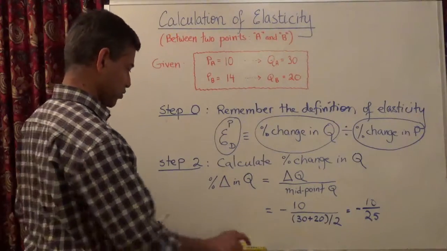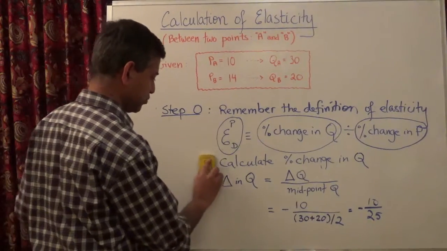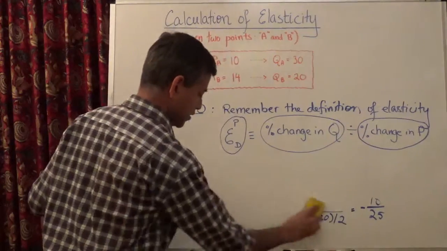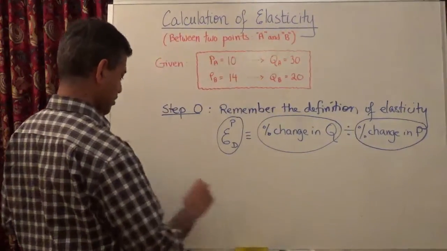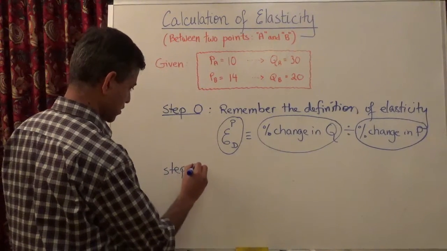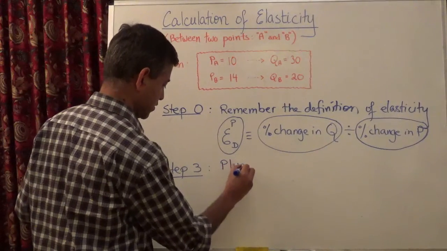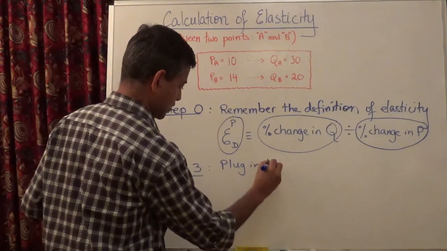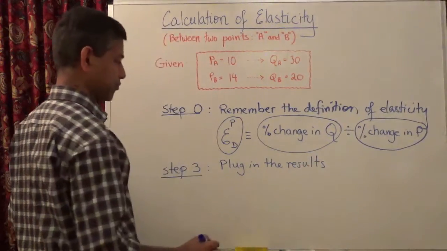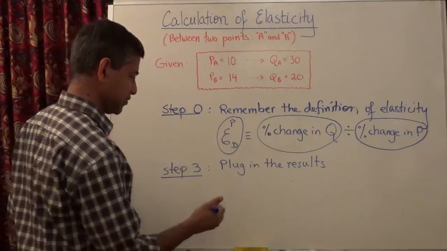So that's the percentage change in Q, and we already had the percentage change in price from before. So step 3 is to use these two results and get the elasticity. So step 3 is to plug the results into the definition, the formulation of elasticity.